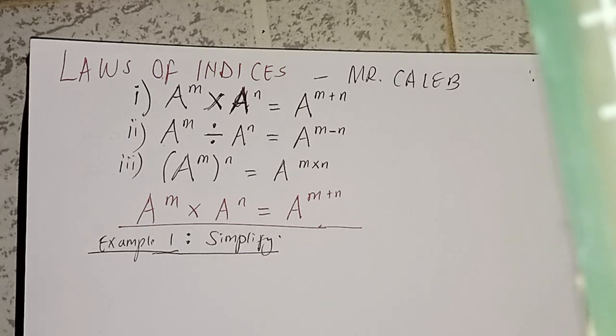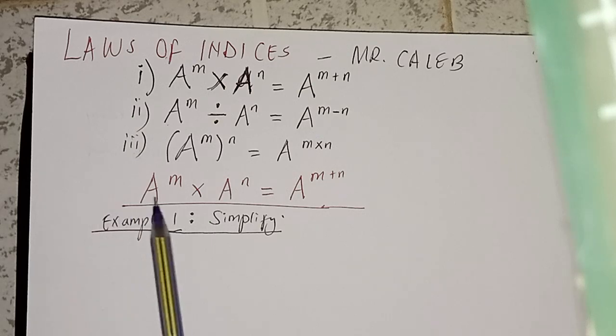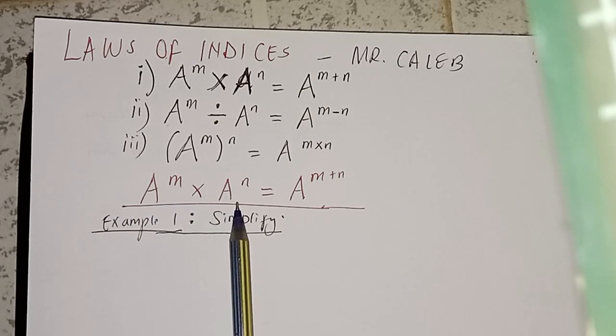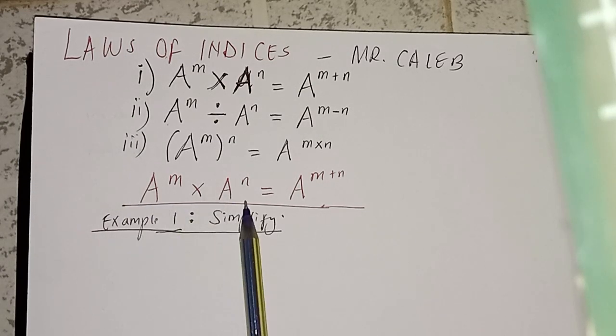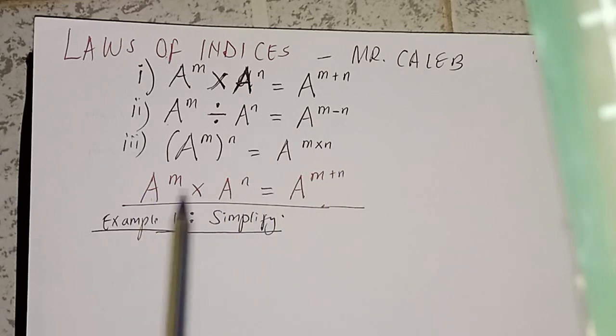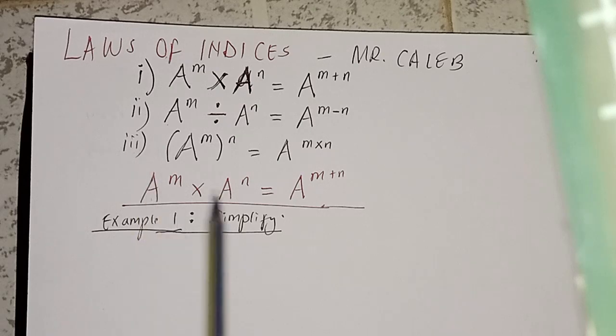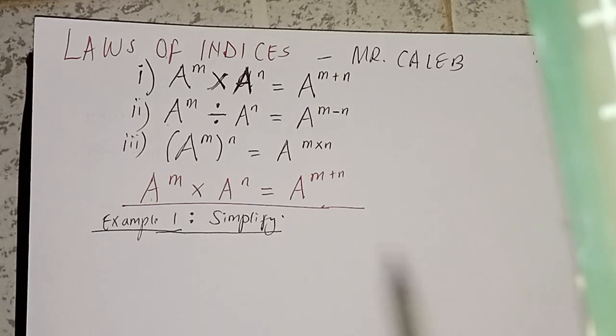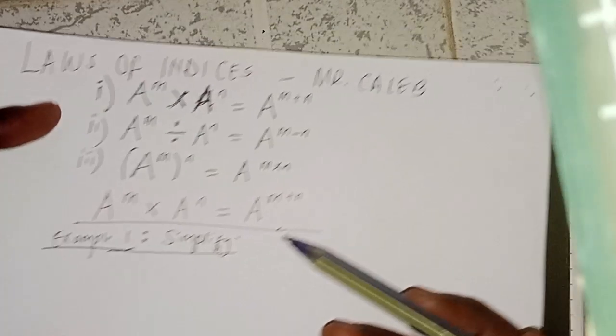Okay, and now let us come to this, whatever we are seeing here, a. Yes, these are a, right? But what is the name given to these letters we are seeing here? We refer to them as bases. Maybe we can write that here.